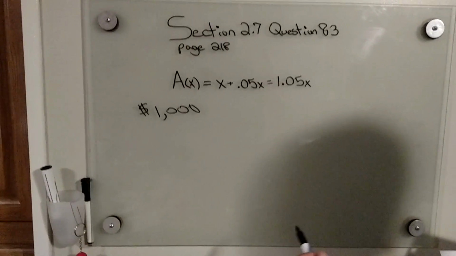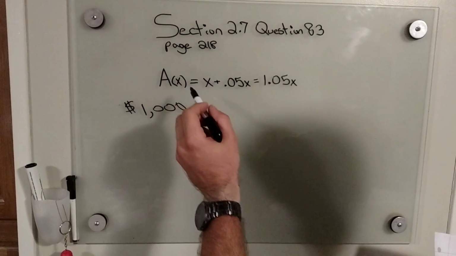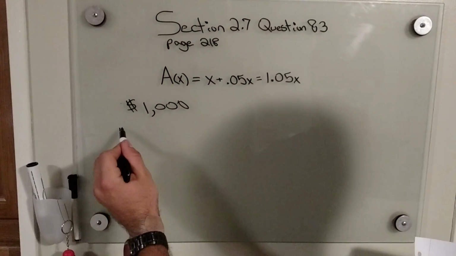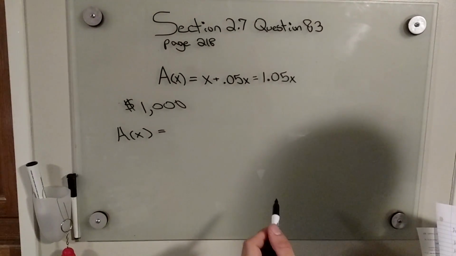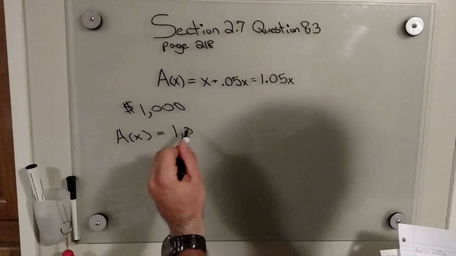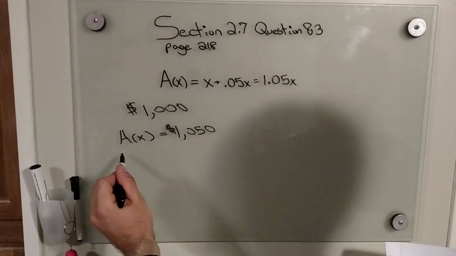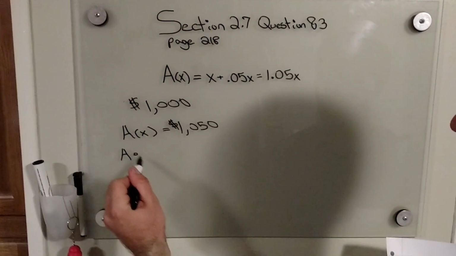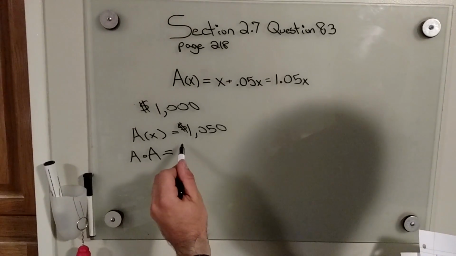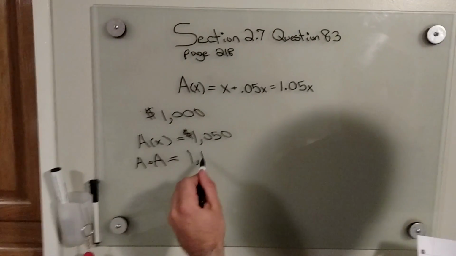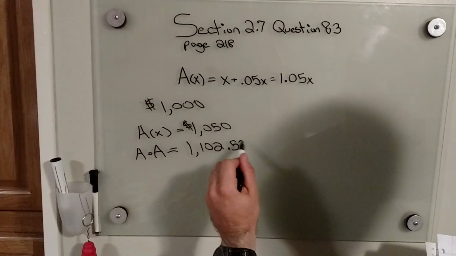So at the end of the first year, which would be this function A of x, we would have $1,050. If we did A composed of A, which would be 2 years of compounded interest, we would get $1,102.50.